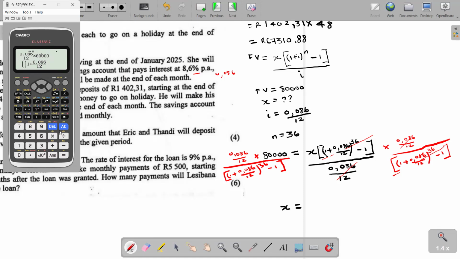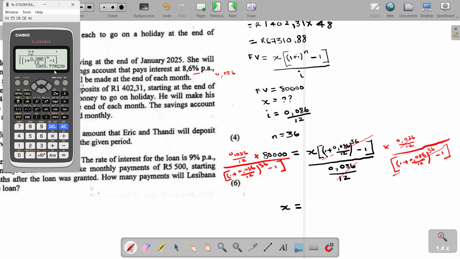Then we close the bracket. That one is raised to the power 36, minus 1. We are getting 1955.778239.